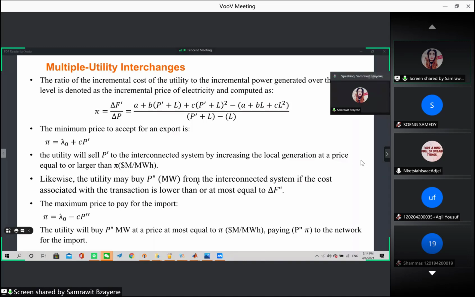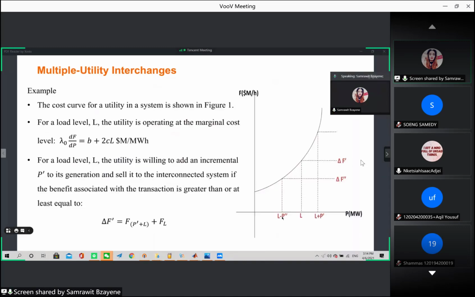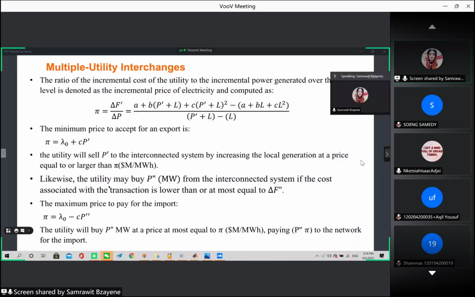But when we want to buy P double prime, the cost pi is equal to lambda naught minus CP double prime. This is for importing. The utility will buy P double prime megawatts at a price of almost equal to pi, which is lambda naught minus CP double prime.